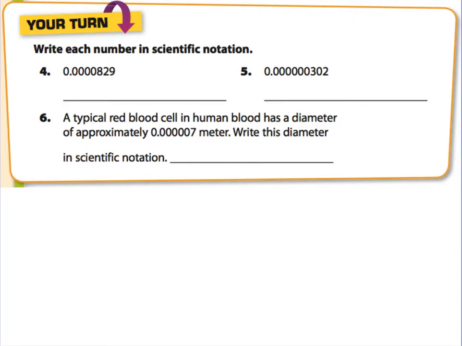All right, so I want you to go ahead and pause and try each of these on your own, and when you come back, we'll check your answers. So here you should have gotten 8 and 29/100 times 10 to the negative 5th power.